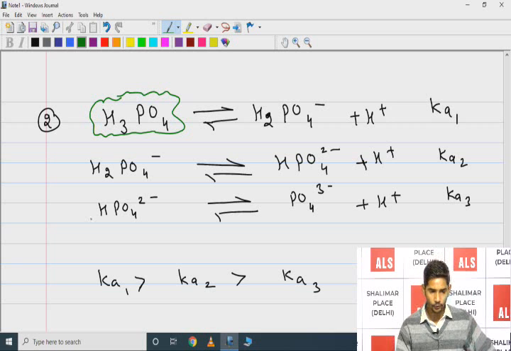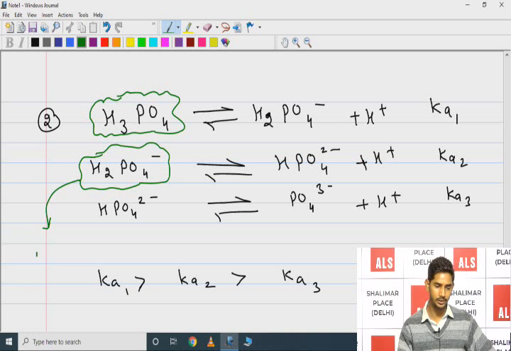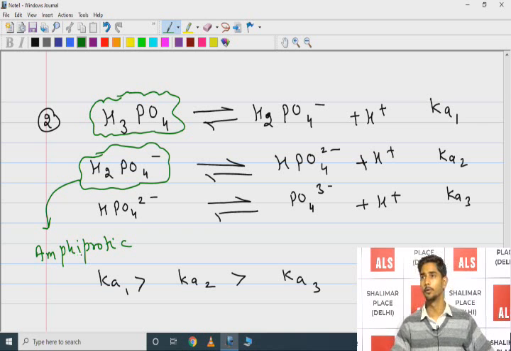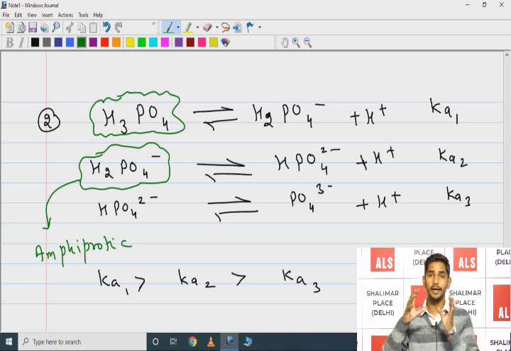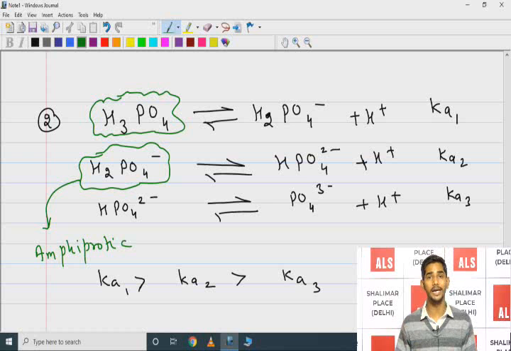If you talk about dissociation of H2PO4 minus, this is not only an acid, guys. This is actually amphiprotic.